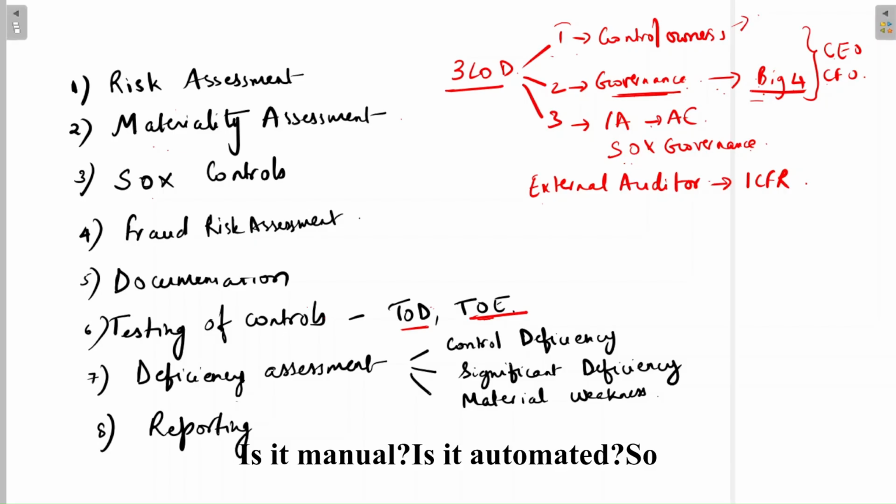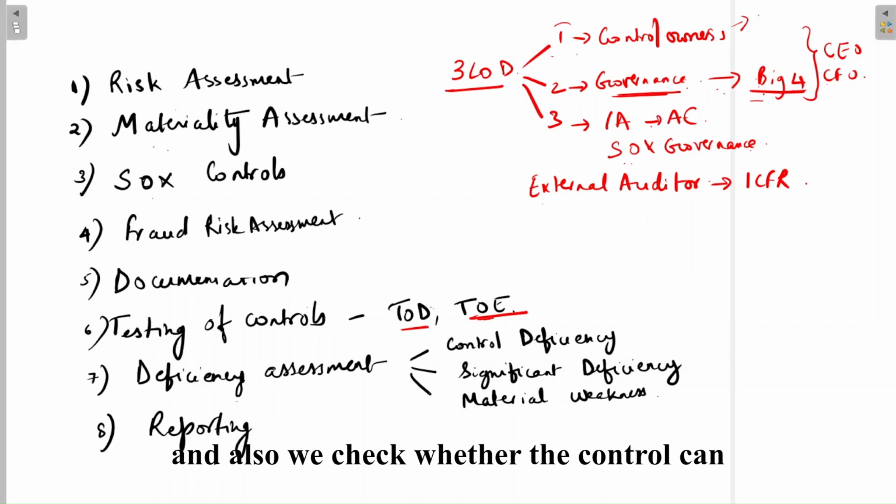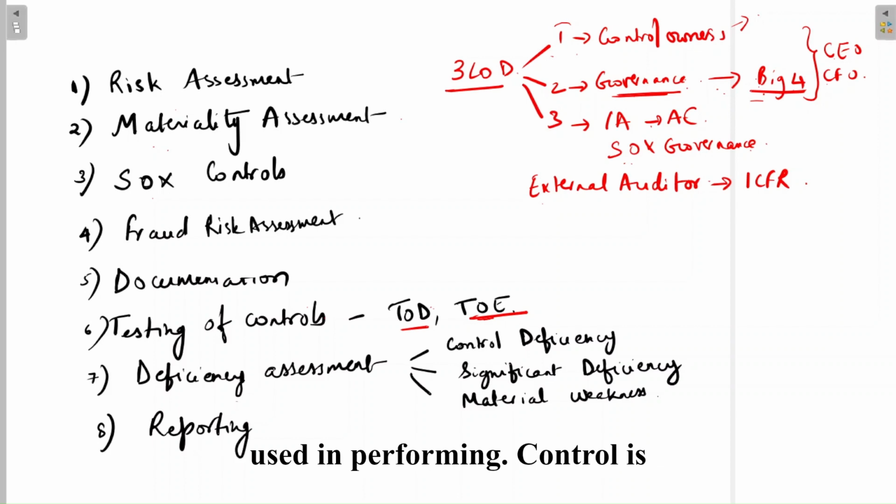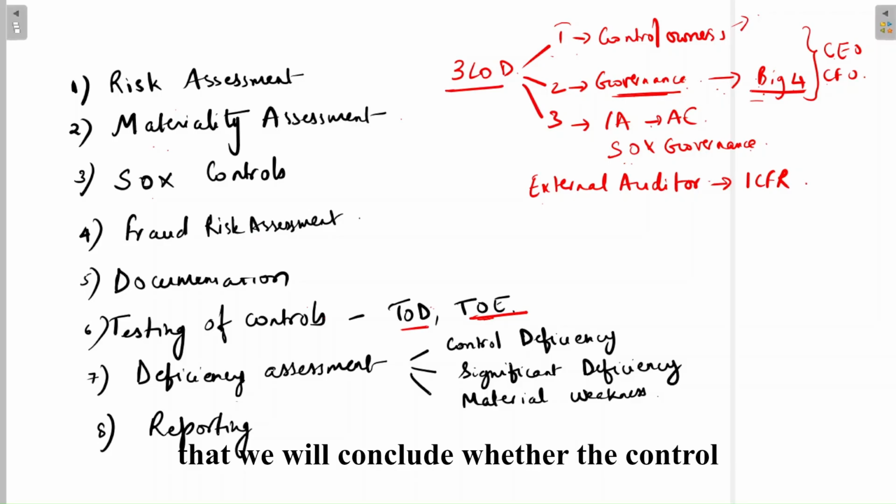Is it manual? Is it automated? That helps to decide the testing effort also, and also whether that attribute is enough to mitigate the risk. And also we check whether the control can be overridden, whether the information used in performing the control is appropriate, and so on. After that, we will conclude whether the control is designed adequately or not.